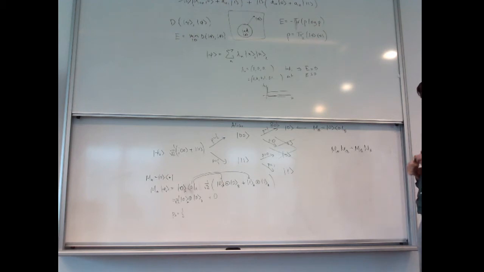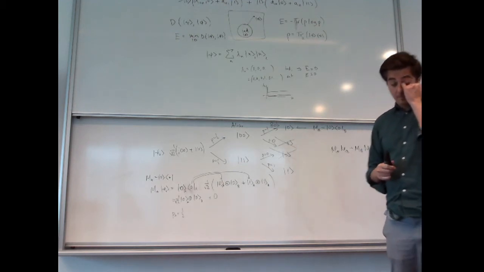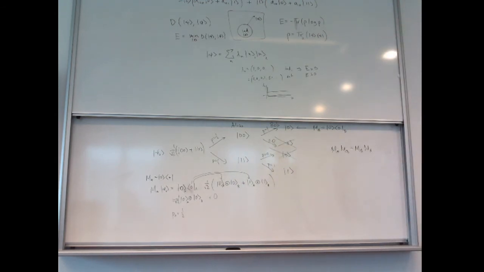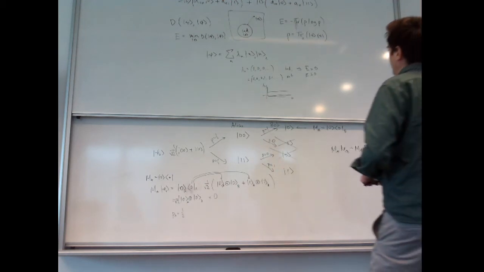And is there a possibility that, let's say Bob has a half and half probability, and then Alice has a 0, 1 split of probability? Yeah, I think so. That would be a different state.